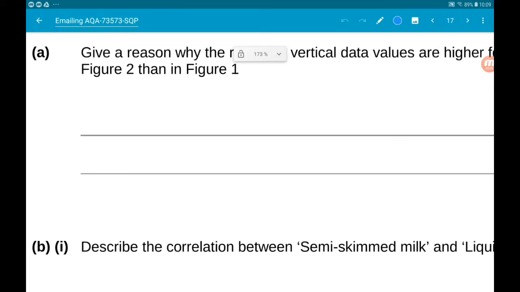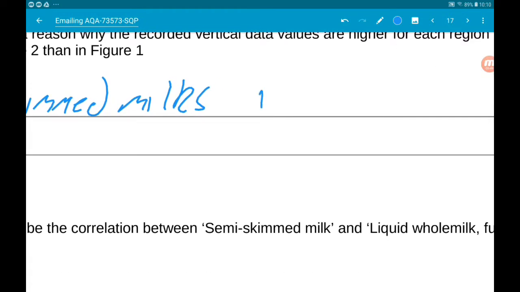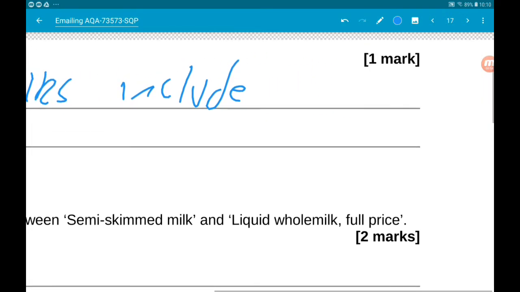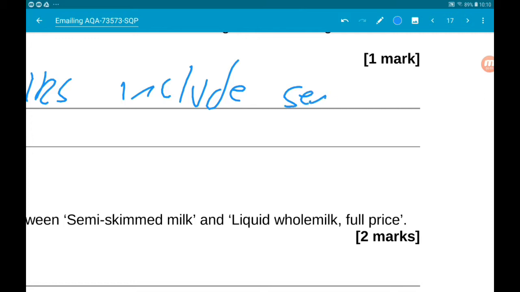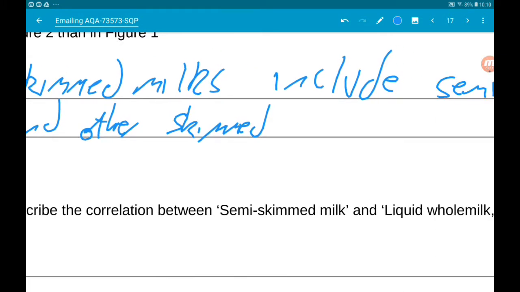Skimmed milks include semi-skimmed and other skimmed milks.